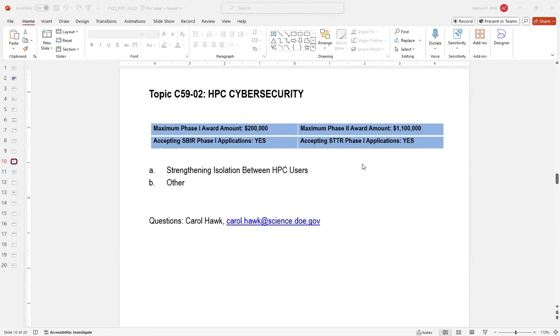So what we're looking for here are solutions that we can apply not only, but in particular to the Department of Energy supercomputing centers that will strengthen the security, in particular on a node, if multiple users share a node, without affecting performance. When you read the topics, you'll see references to various white papers.